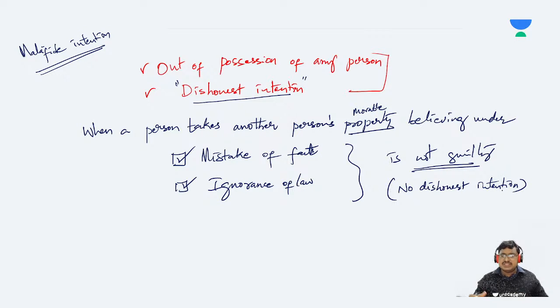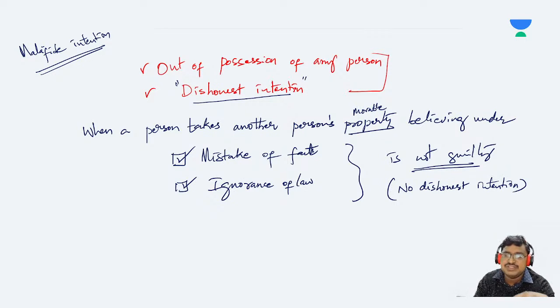If a person is charged under the offense of theft and takes the defense of mistake of fact or ignorance of law, thereafter the burden of proof lies upon him. This is the important concept, friends.